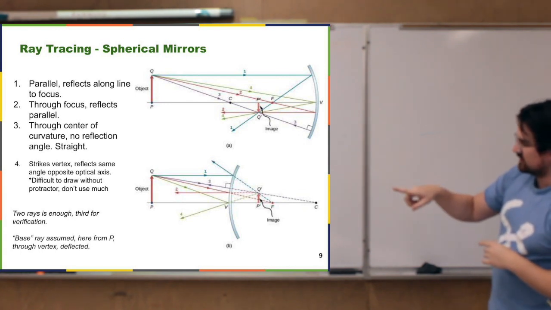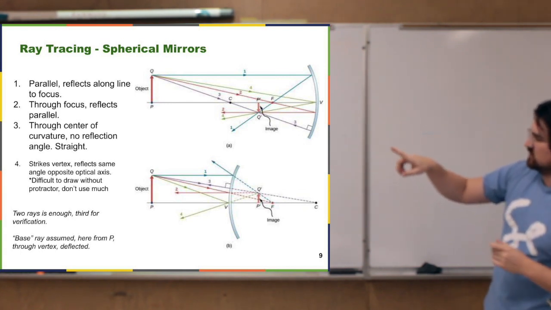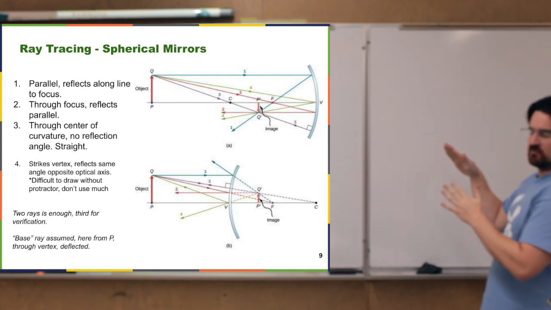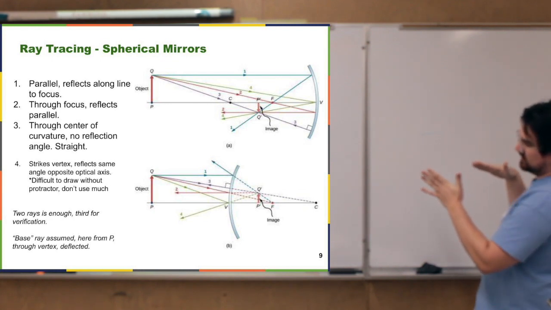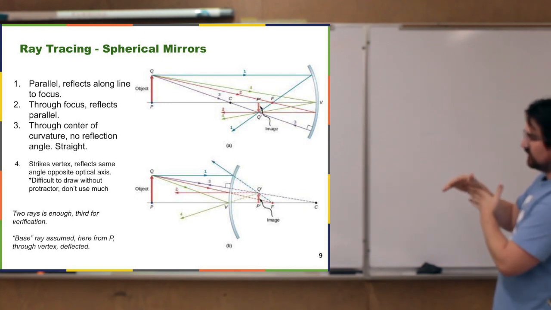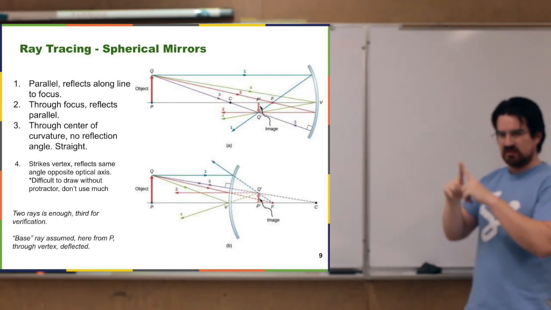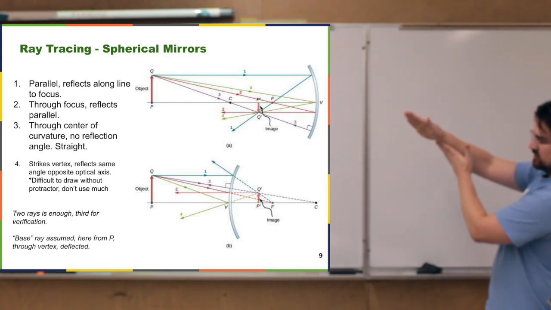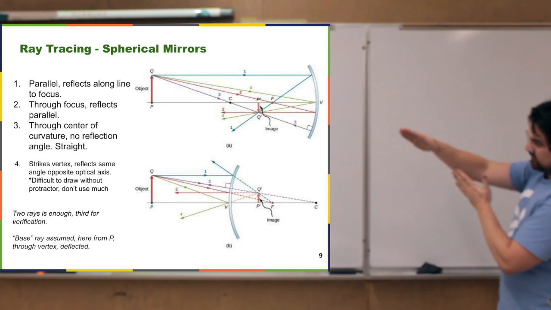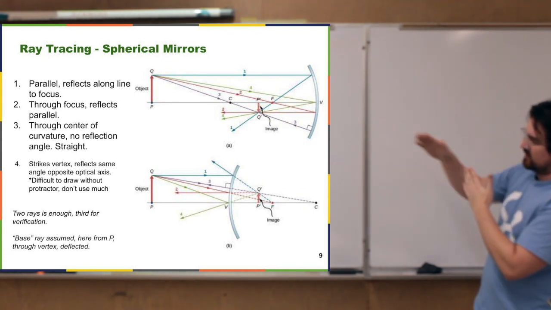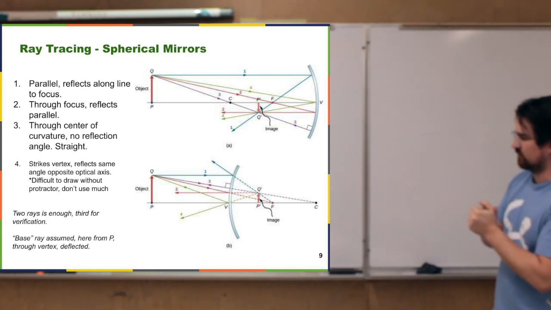The second ray is one that goes directly towards the focus, and then it's as if it came from the focus, and it's going to be reflected parallel still. And again, those two rays can pinpoint it. You can test a third ray, which would be one that goes straight across to the center of curvature, and it would come straight back, and then also the fourth ray there.